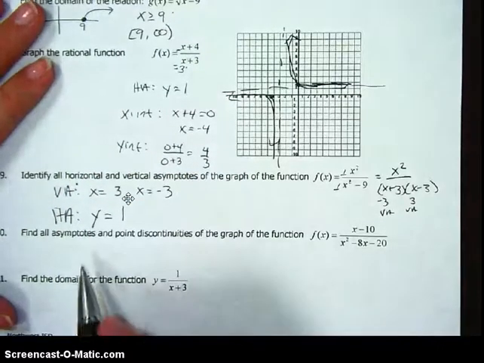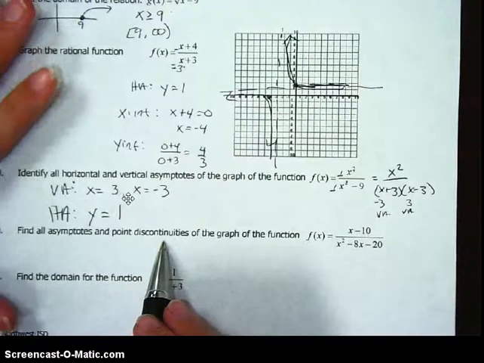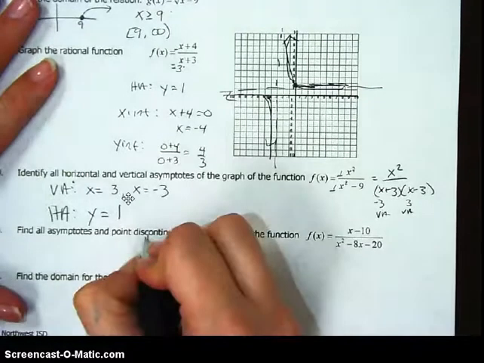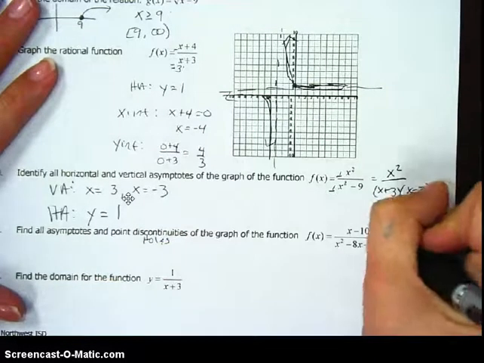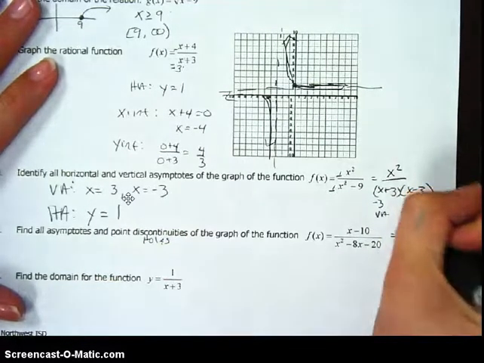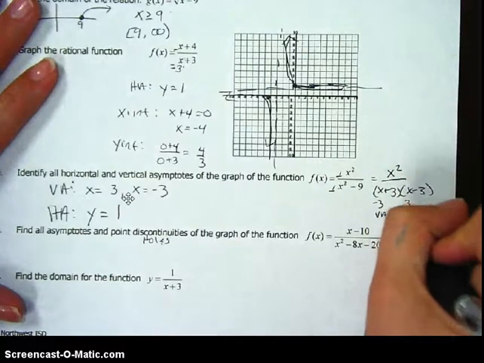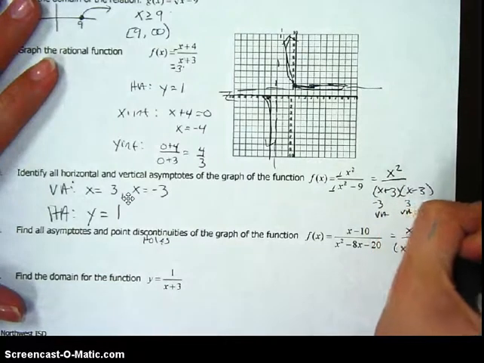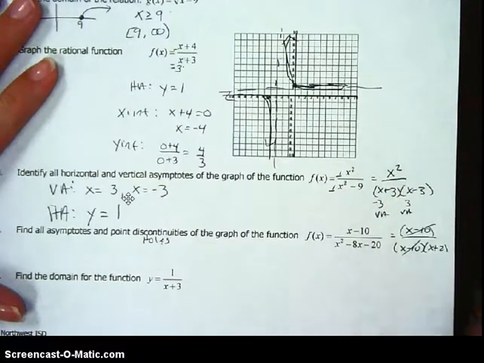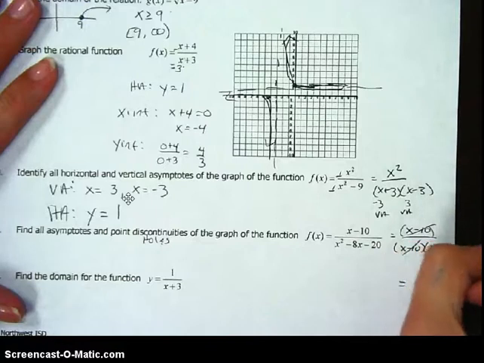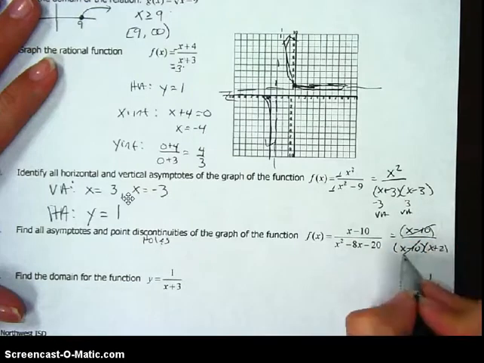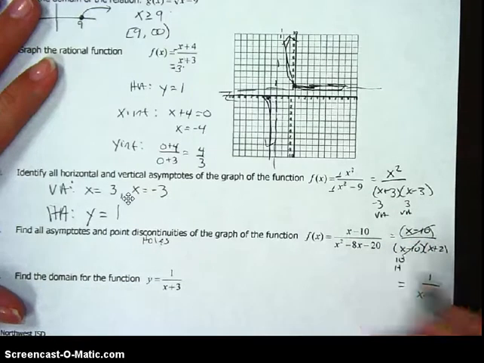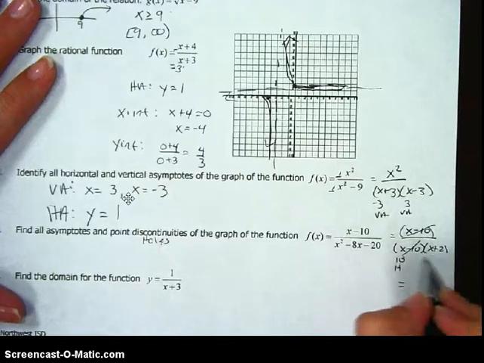Here we're looking for asymptotes, and we're including point discontinuities or holes here. So we need to factor the bottom, x minus 10 over x minus 10, x plus 2. So if you notice, the x minus 10s cancel out. We're left with 1 over x plus 2. Because these cancel out, 10 is going to be a hole, because 10 minus 10 is 0.